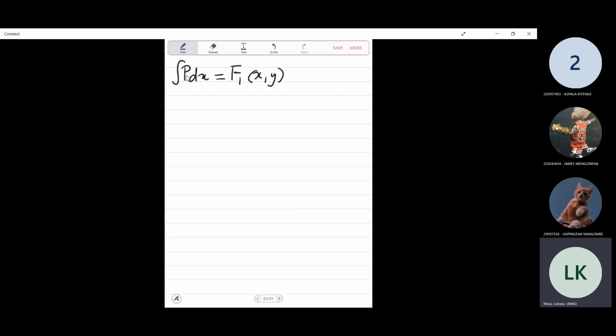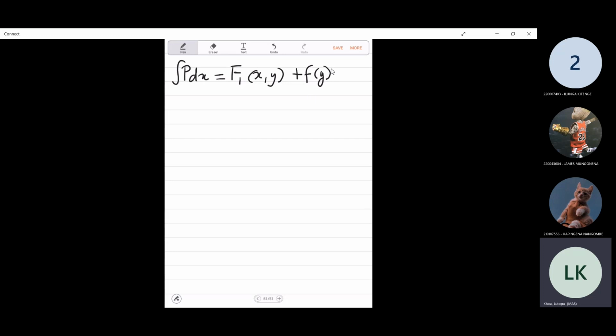Now, if I'm integrating with respect to x, instead of having a constant, I will put a function of y, because if I were to differentiate it, it doesn't have any x, so the derivative is 0. So instead of a constant, I have a function of y.